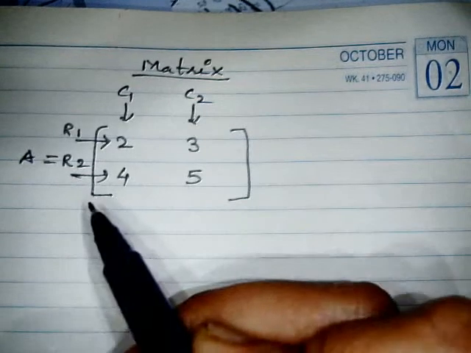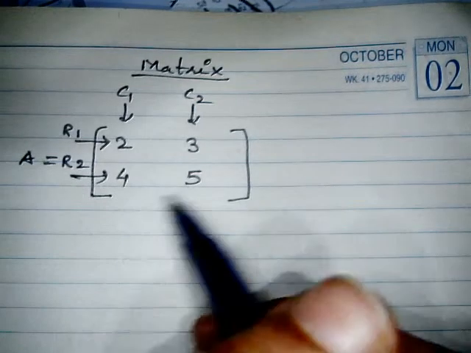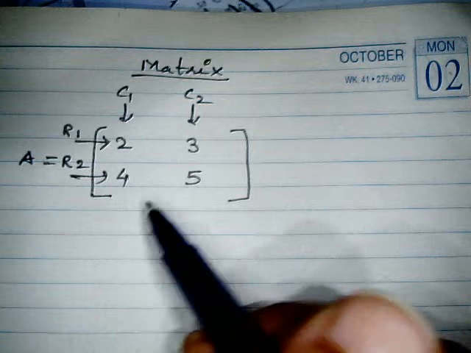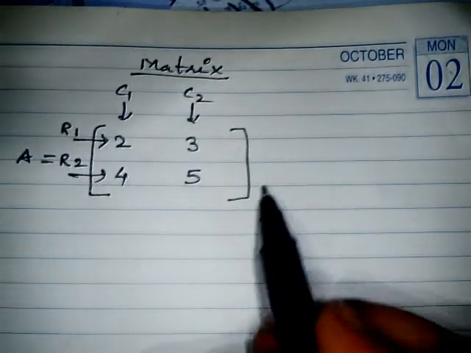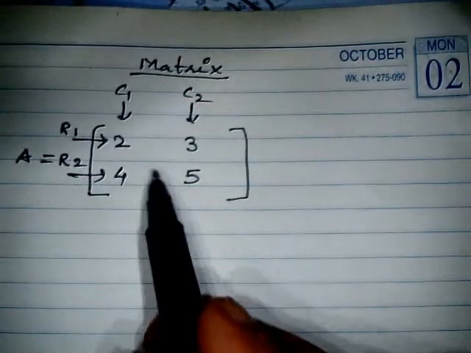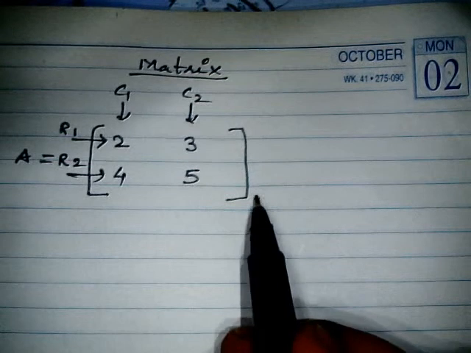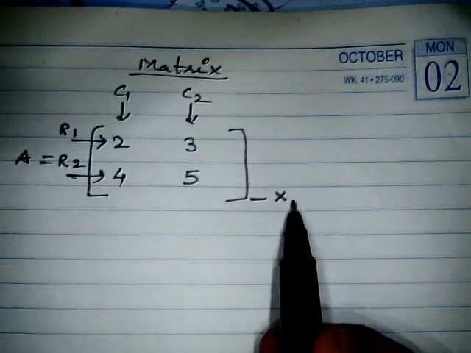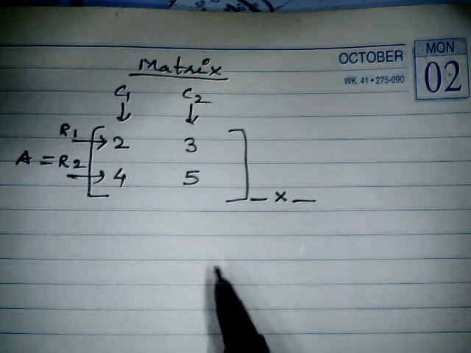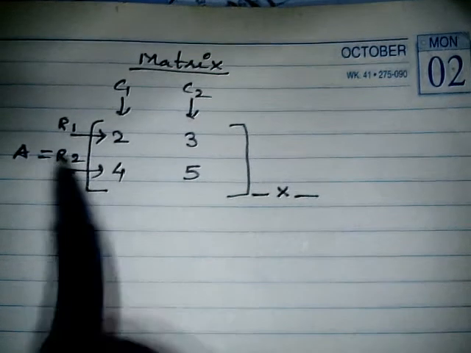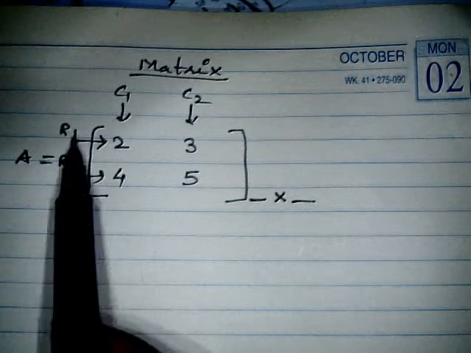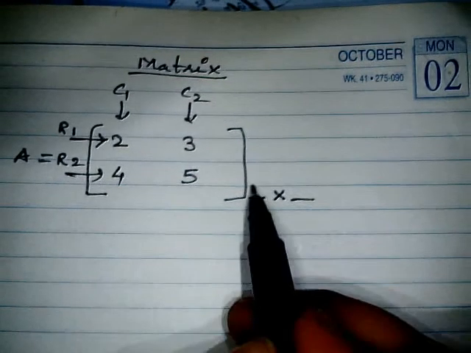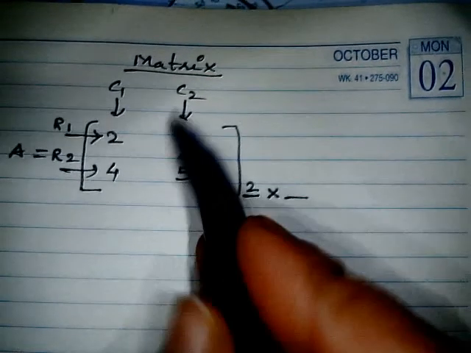Now what is the order of this matrix? I need to write the order, and order is always written over here. First I need to give the place to the row and the multiplication sign, then I need to give the place to the column. How many rows are there? This is 1 row, this is 2 row, so 2. And how many columns are there? 2.